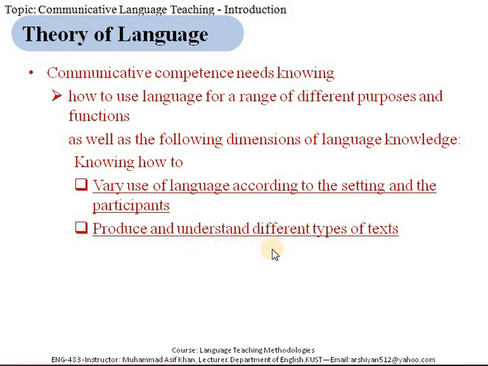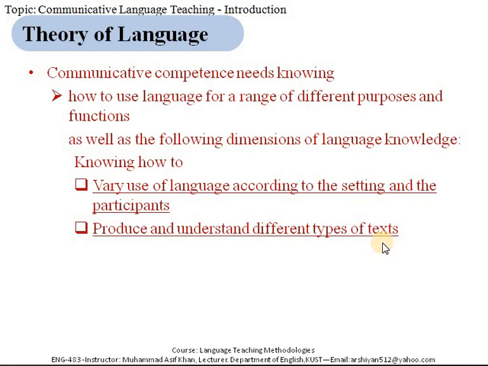He should know how to produce and understand different types of texts. For example, he should have the capability to produce and understand narratives, reports, and the conversations that are used in interviews and other oral conversations.